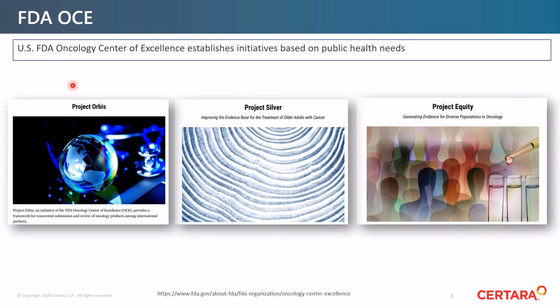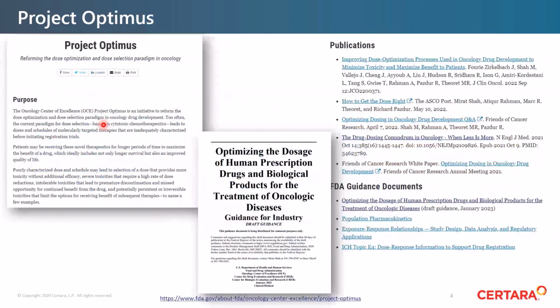These include projects such as Project Orbis, which many of you are already likely familiar with. Project Optimus is an important new OCE initiative that is aimed at reforming dose optimization in oncology in order to emphasize selection of dosing regimens of oncology therapeutics that maximize not only their efficacy, but also their safety and tolerability.